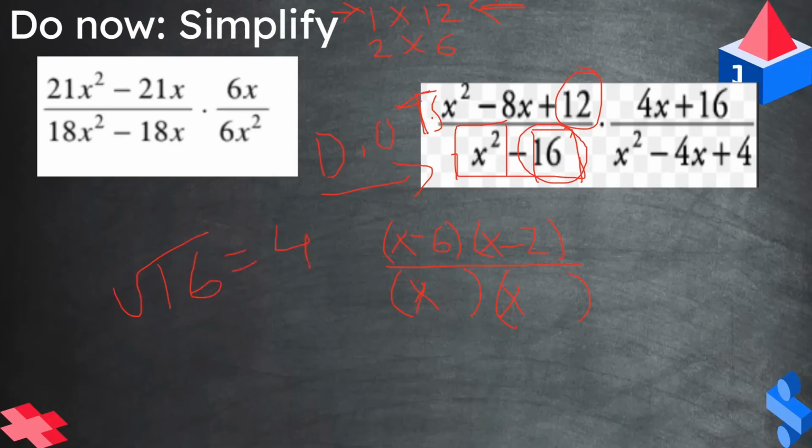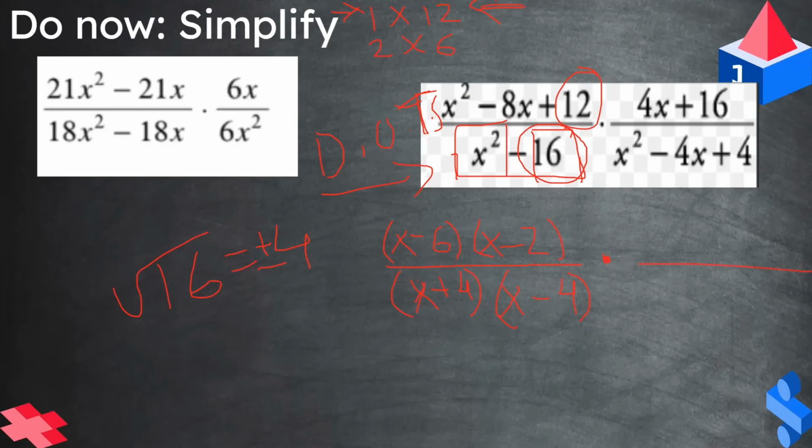Yep, the square root of 16 gives you positive and negative 4, which is why you're going to write positive 4 here and negative 4 here, okay? So once we do that, we are done with our first fraction. We simplified it by factoring it, okay?